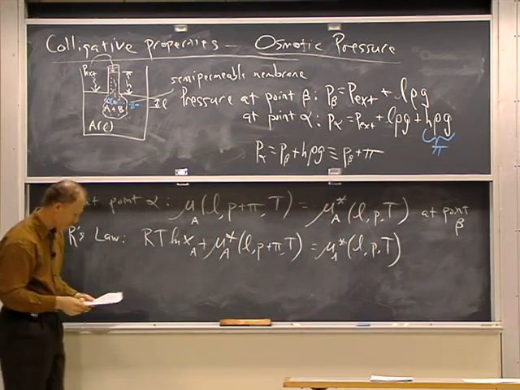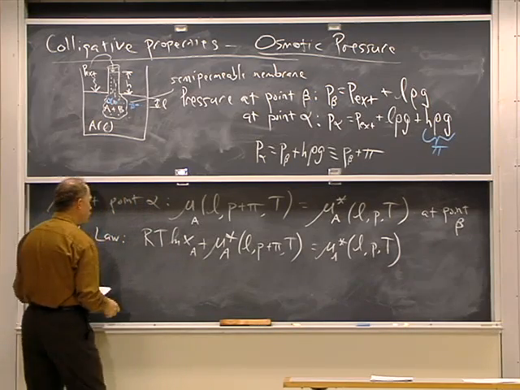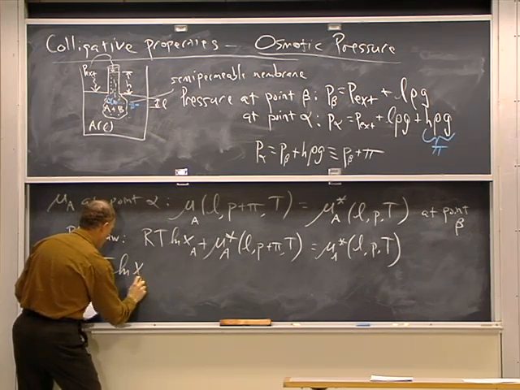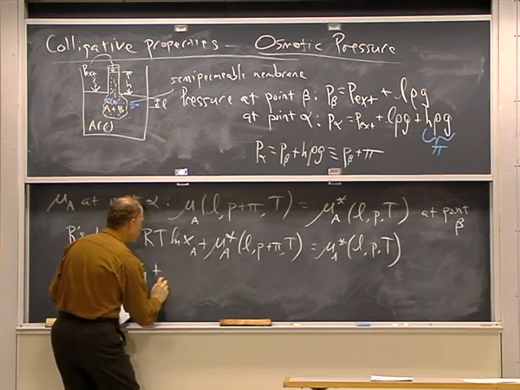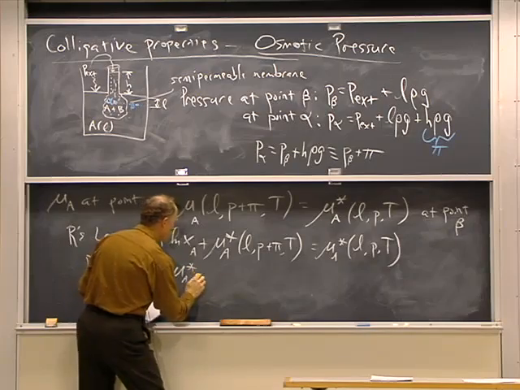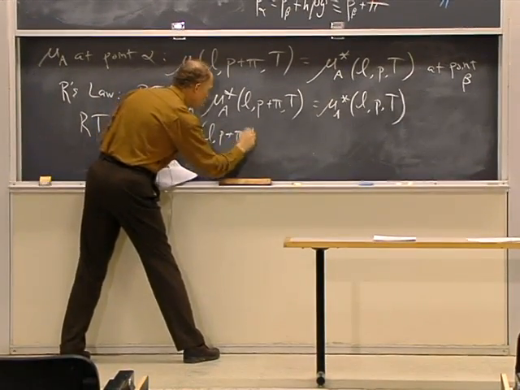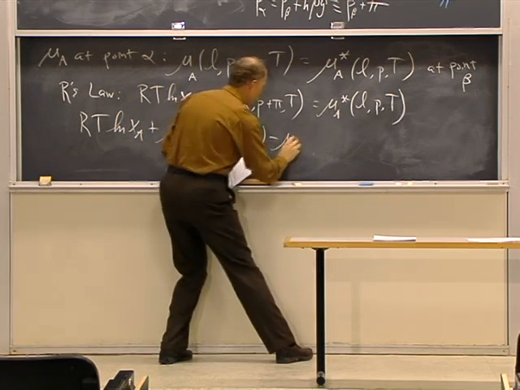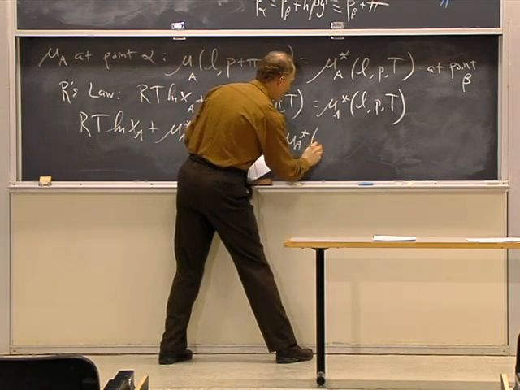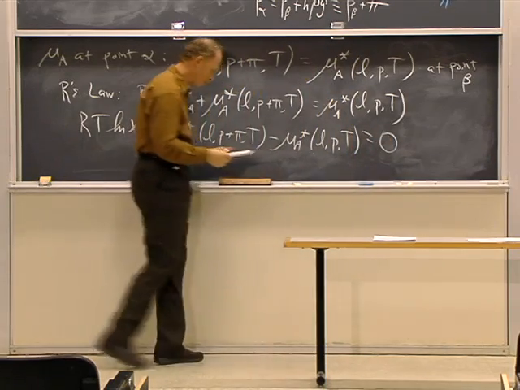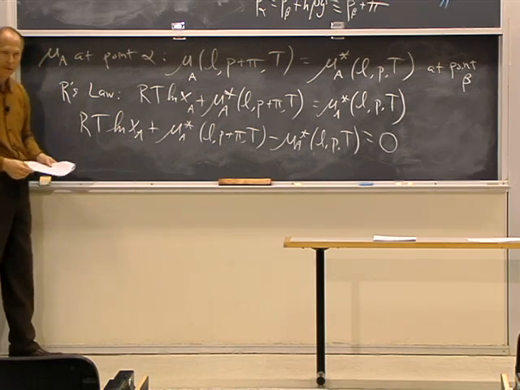All right? And so we can just rewrite this as RT log XA plus mu A star liquid at pressure P plus pi of T minus mu A star at pressure P is equal to 0. Okay.